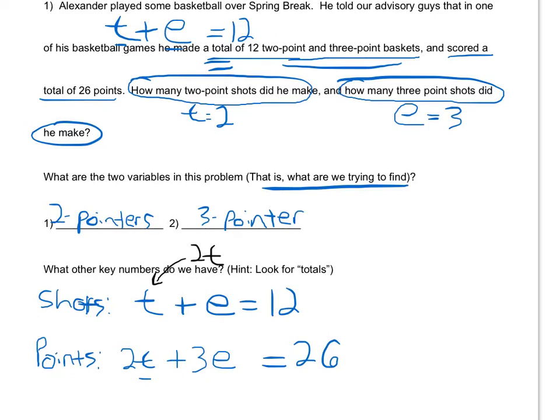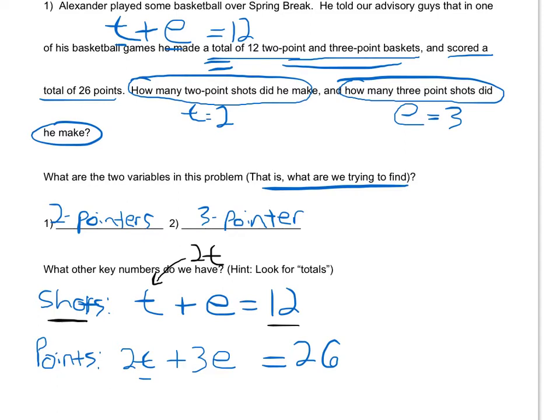The reason is because when we're just adding up the number of shots that he made, if we're sitting there watching Alex shoot baskets, and we're just trying to figure out how many total baskets he shot, we don't care how many points he scored off of each one. All we care about is seeing, oh, he just shot a 2-pointer, that's 1. Oh, he just shot another 2-pointer, that's 2. So we're just adding up the shots. We don't care how many points they're worth.